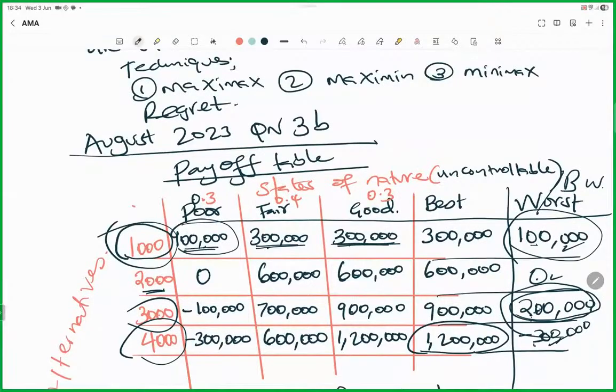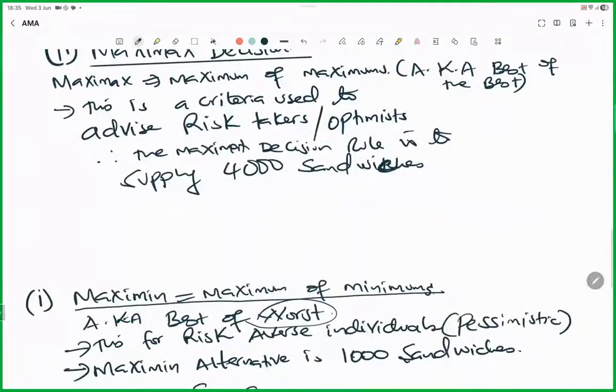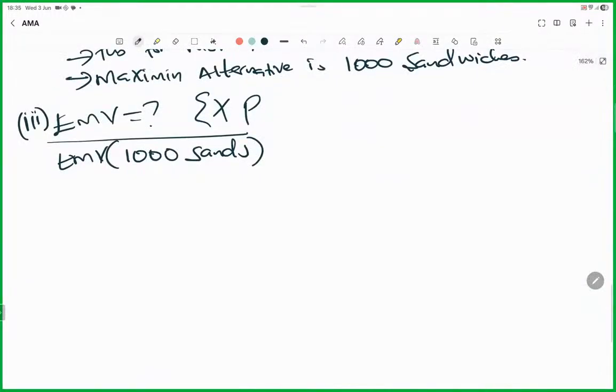It will be 100,000 times 0.3 plus 300,000 times 0.4 plus 300,000 times point what? 0.3. Don't account for these others. So we get the expected monetary value for 1,000.